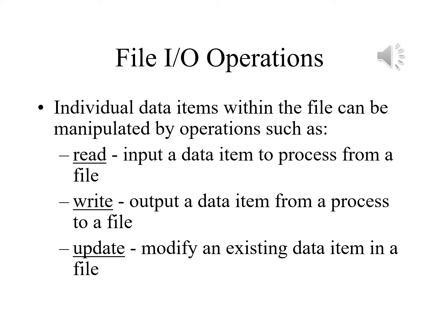Writing usually implies that new data is being added to the file. The distinction becomes more important in database applications, where updating data on a current employee would be viewed differently from adding data to the file about a newly hired employee.